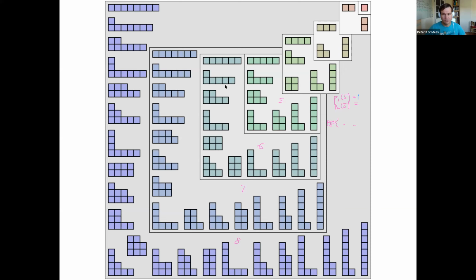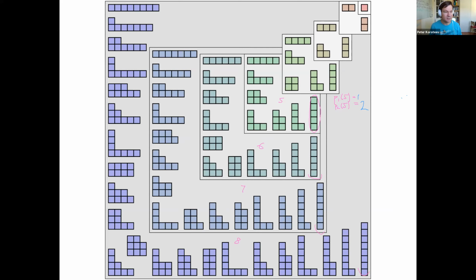Right, so p1 of 5 is equal to 5. So there's only one partition with one part, and that's probably the case for every other n. Let me erase that so you can have it.